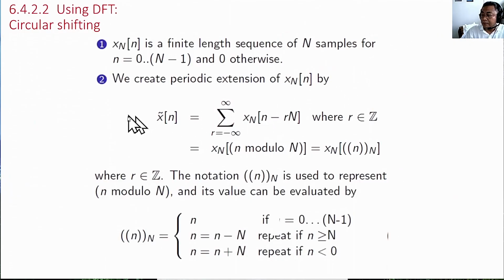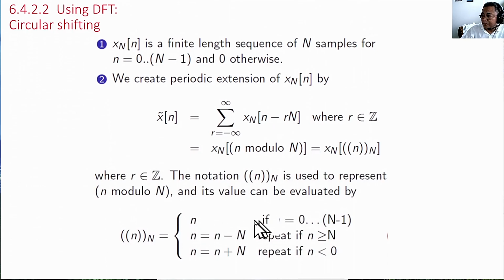So you can use the following symbol, n modulo N, to get the values that will be shifted in. This n modulo N notation is represented by these 3 conditions.